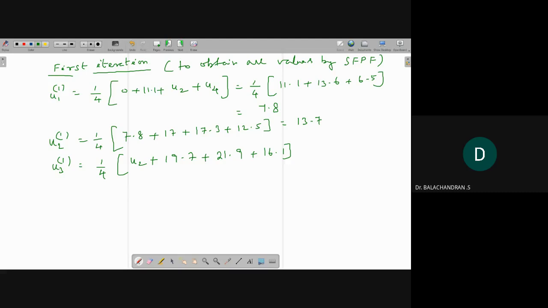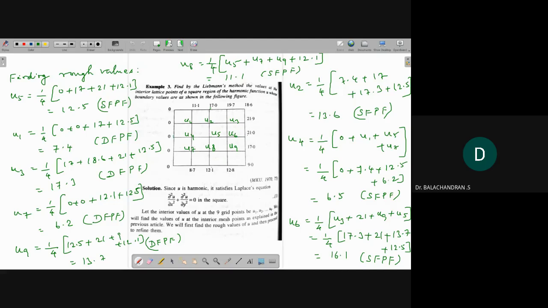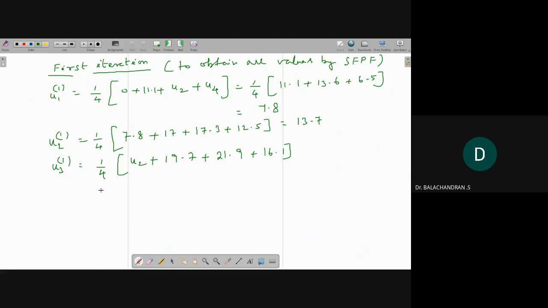Okay, for U3, so 19.7, 21.9. U6, you should use the rough value. For U2, just now we found the value 13.7.